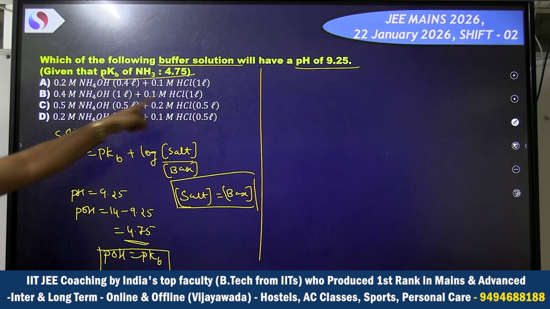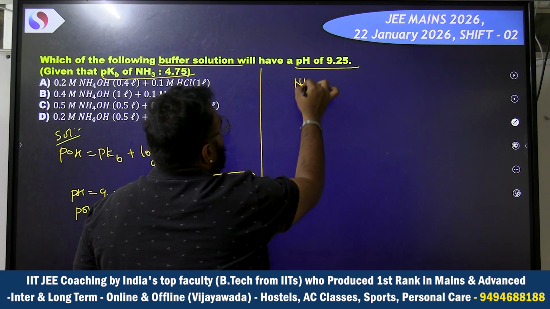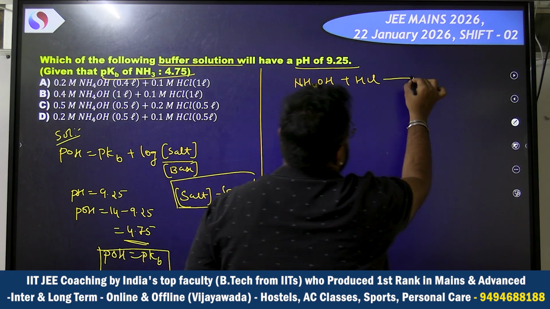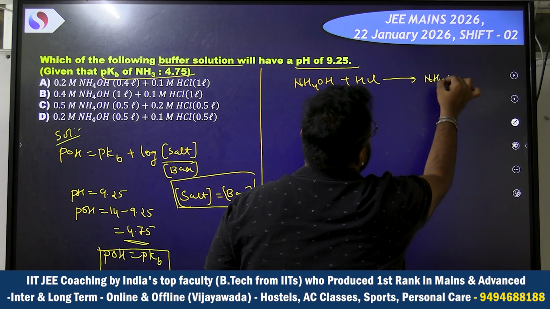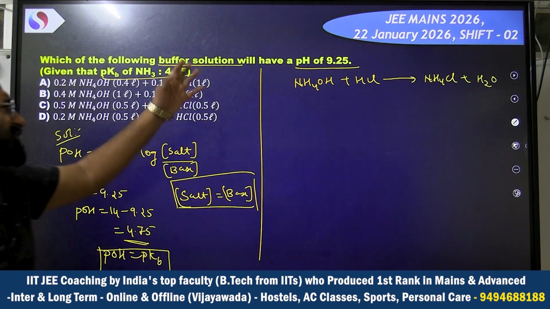In every option we have NH4Cl, NH4OH and HCl. So we will write an equation: NH4OH plus HCl gives NH4Cl plus H2O. Now check every condition.